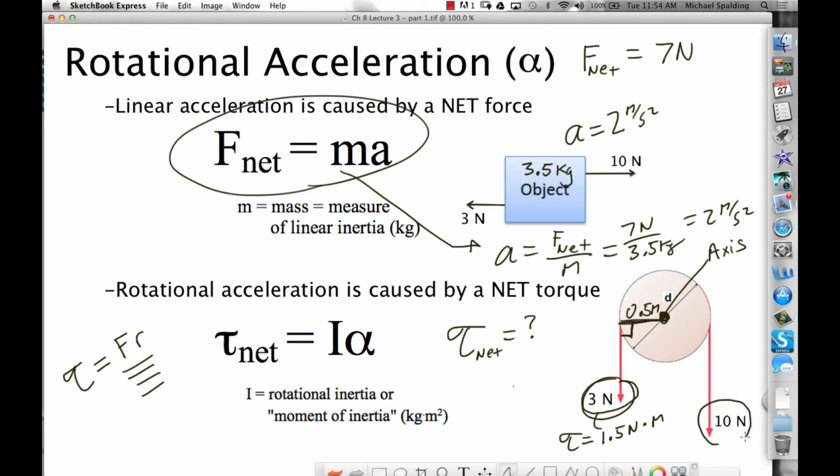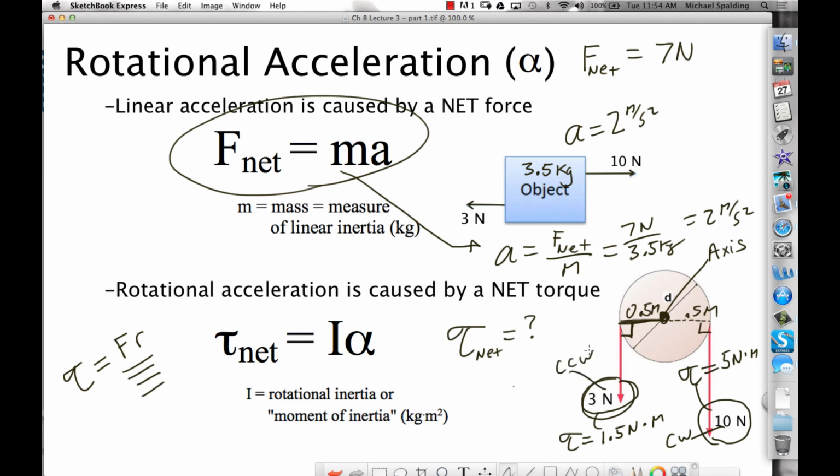Okay, what would be the torque from this force right here? Force multiplied by distance from the axis, which is 0.5. What would this torque be? 5. Now, do these torques agree or do they disagree? They disagree, because this one is trying to rotate the wheel clockwise, whereas this one is trying to rotate counterclockwise.